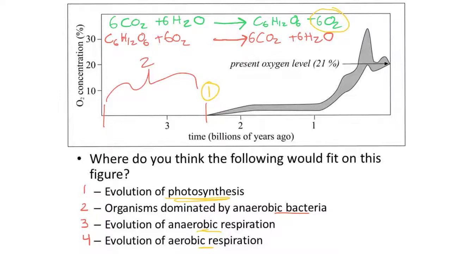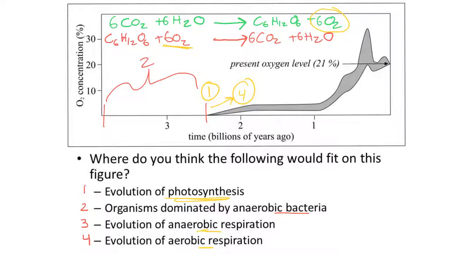Once this oxygen starts to increase in the environment, now all these anaerobic bacteria are going to die. And after oxygen is available, then you can have aerobic respiration, because we can't do aerobic respiration without oxygen. So probably sometime after this, once you have enough oxygen in the environment, you can have aerobic respiration.